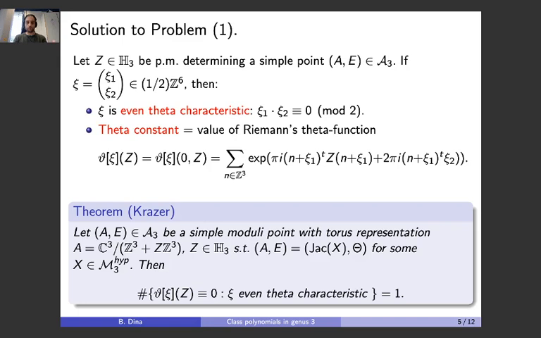That means we have only one even theta characteristic which vanishes.